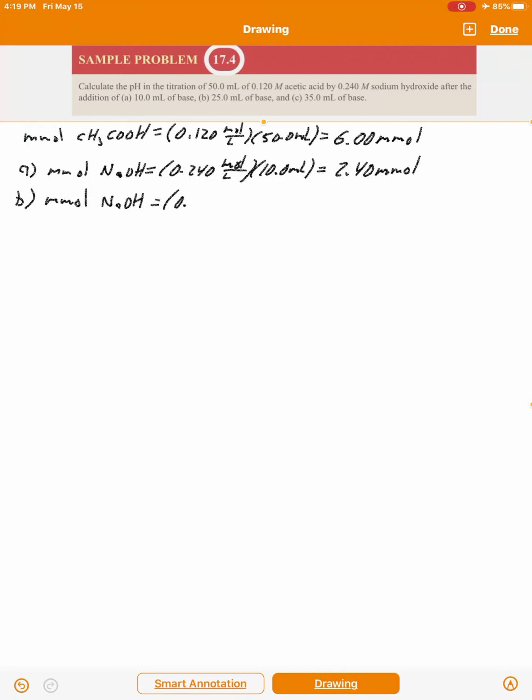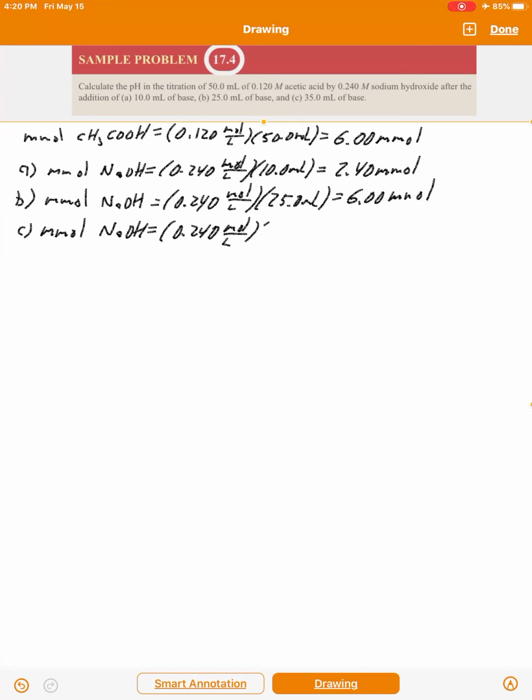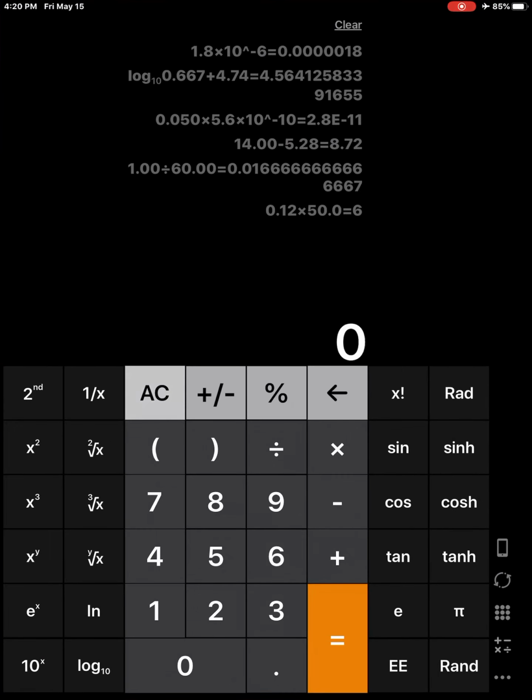Again, it's 0.240 moles per liter times 25 milliliters. So that's 2.5 times as much. So that would be what? 6.00, right? 6 millimoles. And then part C is 0.240. And now it's 35 mL. All right, so that's 0.240 times 35. 8.4.